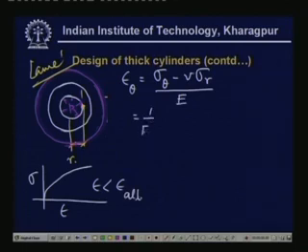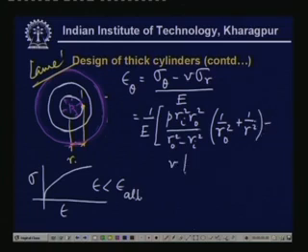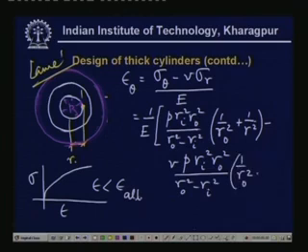So, 1 upon E times sigma theta is equal to P Ri square Ro square divided by Ro square minus Ri square times 1 upon Ro square plus 1 upon R square, minus nu times P Ri square Ro square divided by Ro square minus Ri square times 1 upon Ro square minus 1 upon R square.